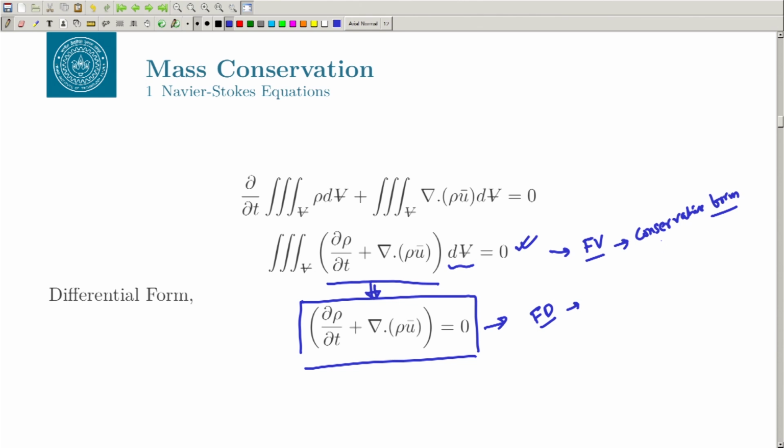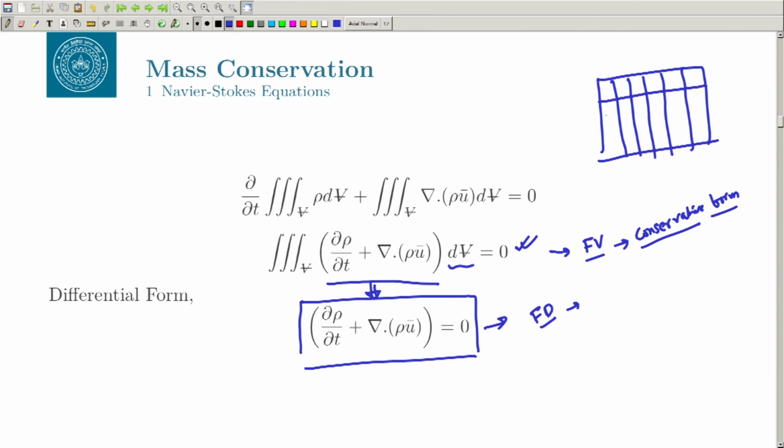Although it is called the conservative form, it does not mean that what we are doing in finite difference is not conservative. It is only the fact that in finite volume, when you solve these equations, our grid is basically made of different cells, as we have been discussing. So these are different cells. When we use this conservative form, this conservation law is applied to every single cell.